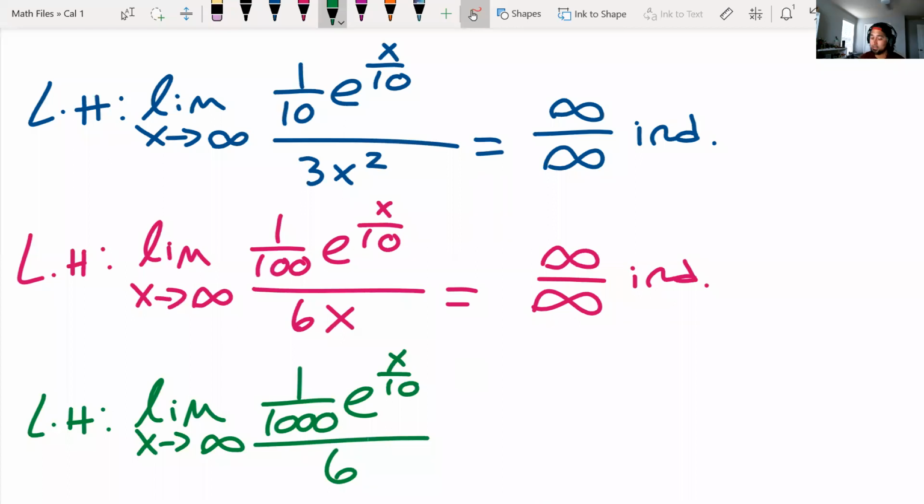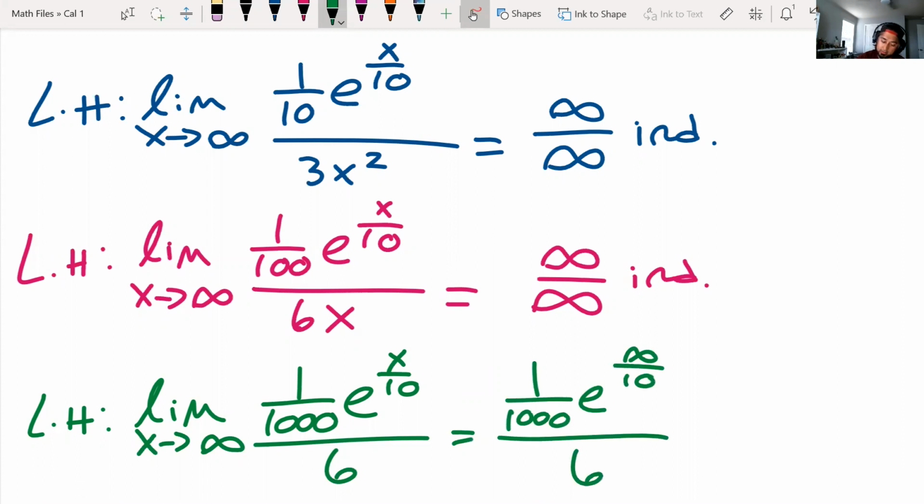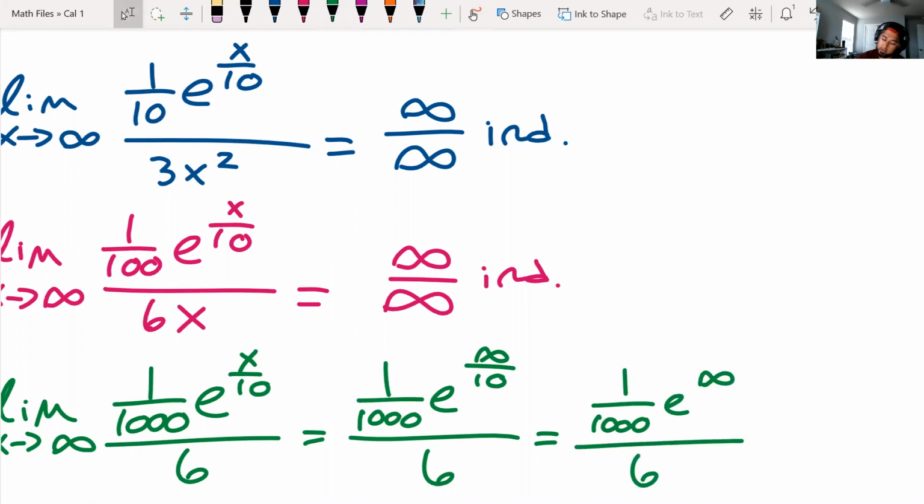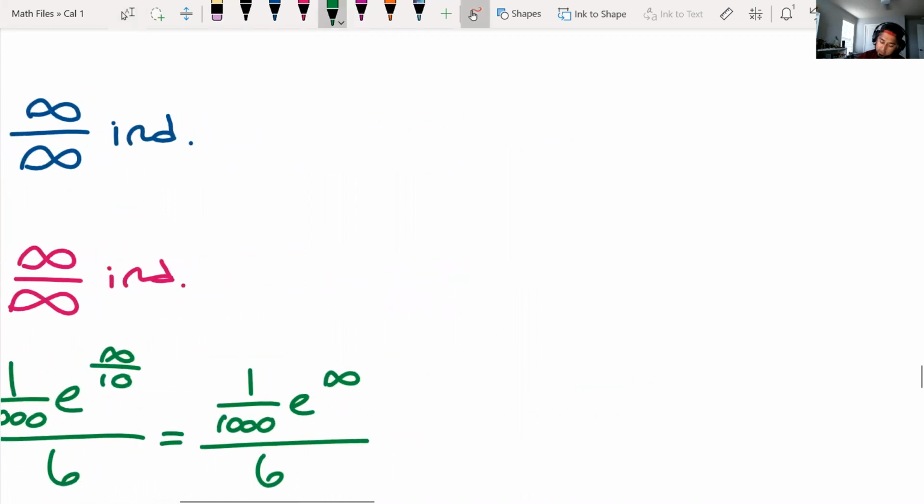Over 6. And now if you plug in infinity, you get e to the infinity over 10 over 6, which then becomes 1 over 1,000 e to the infinite power over 6, which just becomes, and you can do this trick again, you can move that denominator down.